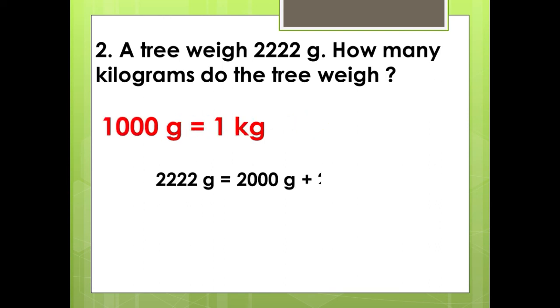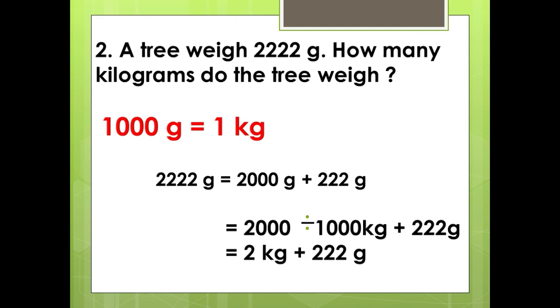In the question they have given 2222 grams. This we can separate and write 2000 grams plus 222 grams. We already know that same units can be added or subtracted. So we are separating and writing 2000 grams plus 222 grams.